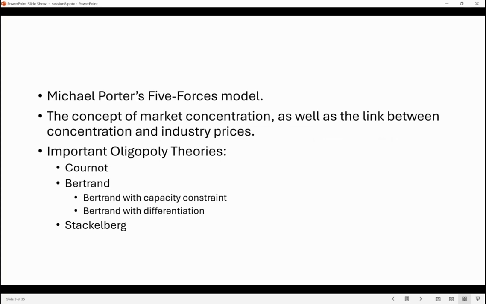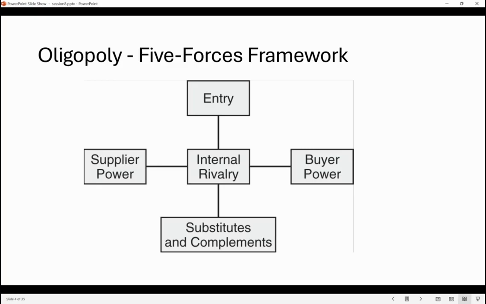And then we are going to see how the market concentration would be related to the price. And lastly, we are going to have a review of important oligopoly theories, trying to explain firms' behavior under oligopoly. It's going to be Cournot, Bertrand, Bertrand with capacity constraint, Bertrand with differentiation, and then the last one, which is Stackelberg. So these are different models of oligopoly.